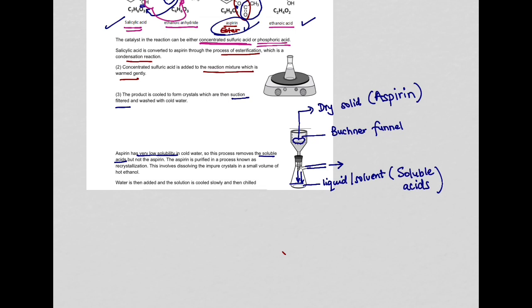Now once you get the aspirin, you can determine its purity using melting point. Pure aspirin has a melting point between 128 and 140. If there are impurities in it, the melting point is going to be lowered, and it's also going to melt over a wider range of temperature.